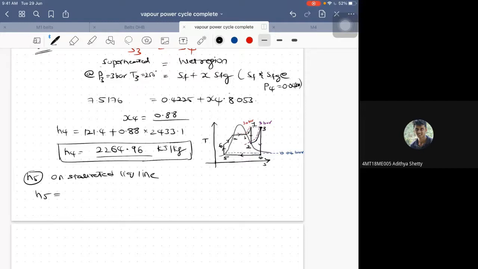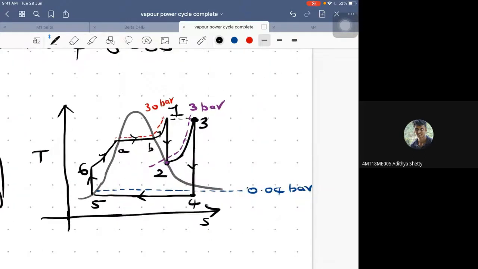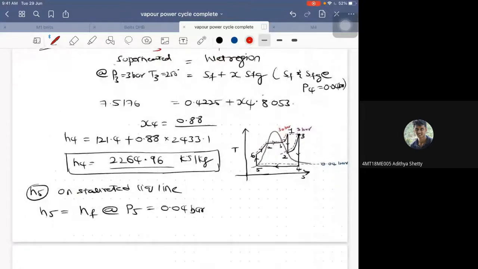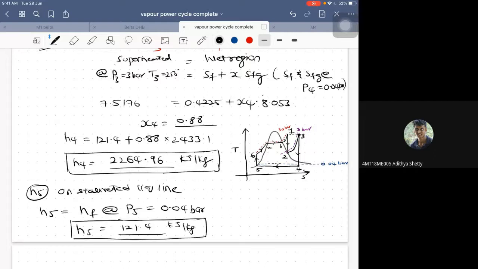H5 is equal to HF at state 5. P5 pressure is again 0.04 bar, since this is also at constant pressure. So what is HF at 0.04 bar? That is nothing but H5, 121.4 kilojoules per kg.